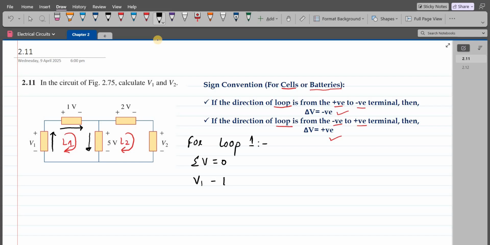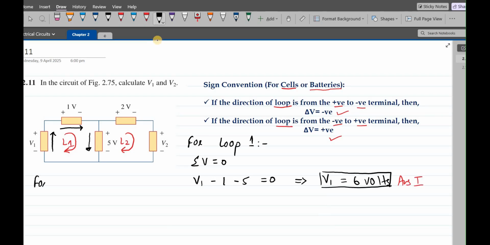So the potential difference of 5 volts will be taken as negative. So V1 minus 1 minus 5 equals 0. From here, V1 comes out to be 6 volts. So this is our first answer.